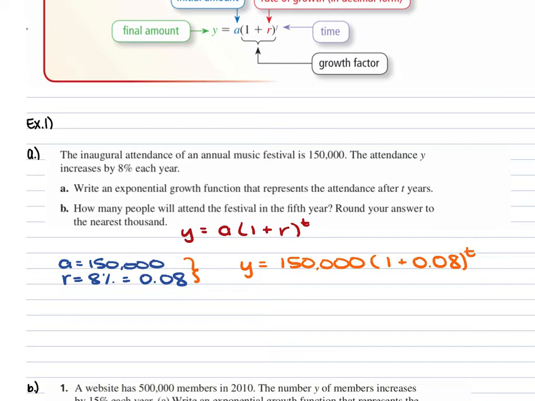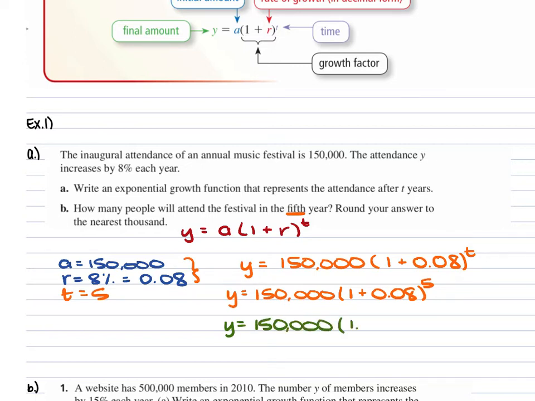So you're going to take this formula, y is equal to 150,000 times 1 plus 0.08 to the power of t. It told us the 5th year, so t is going to equal 5. From here, you're just going to simplify what's inside the parentheses. So you're going to be ending with y is equal to 150,000 times 1.08 to the power of 5.